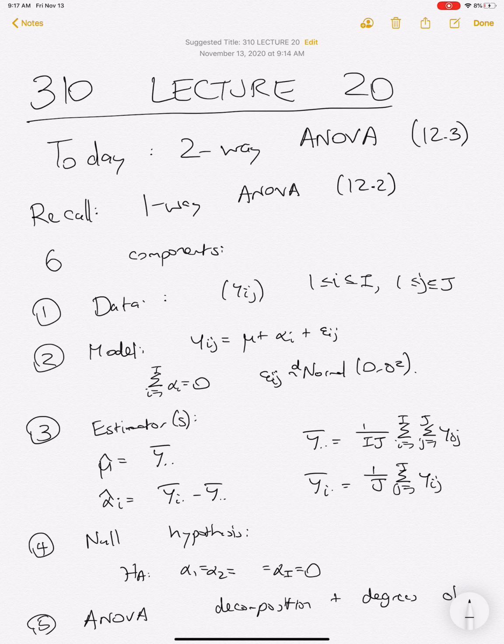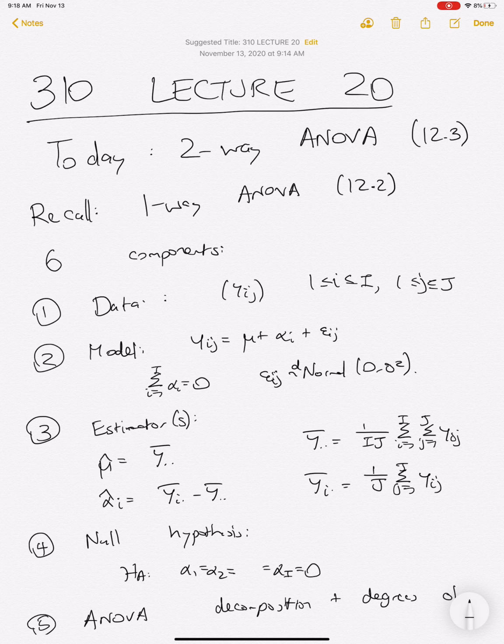The second key component is the general model that we use. Everything I'm saying is for one-way, and what we're going to do in this lecture is present everything for the two-way case. So we have Yij, which has this mu, which is the overall mean of all of your data.